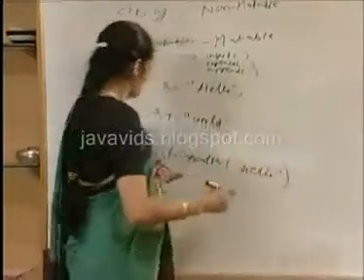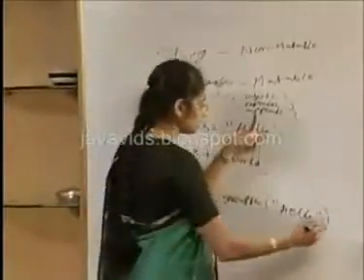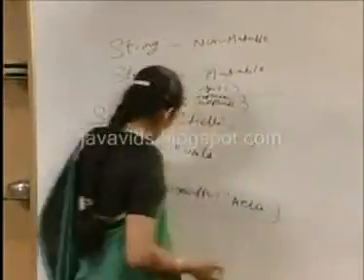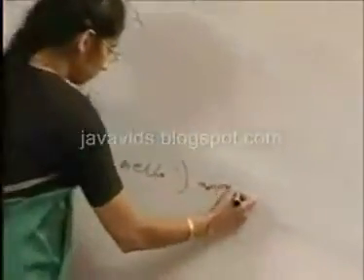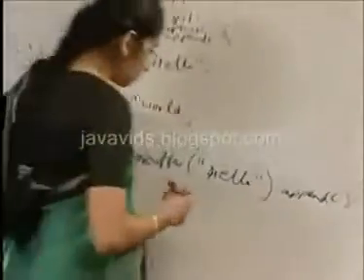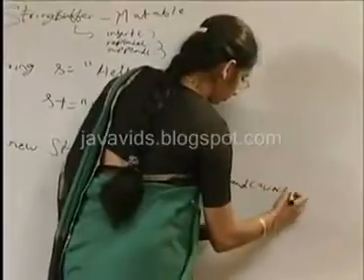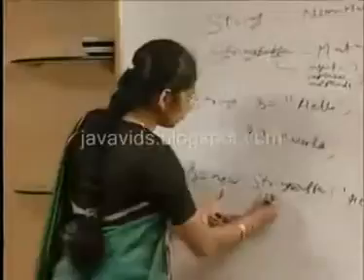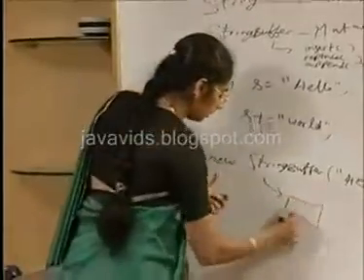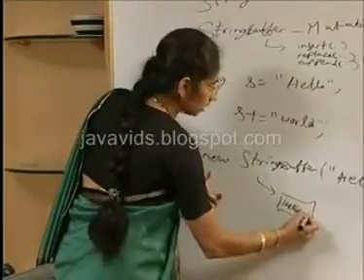To that you want to add world, so that is append. So on this StringBuffer object you invoke the append method: append world. So now you got a new memory allocation for the StringBuffer where hello world is stored.